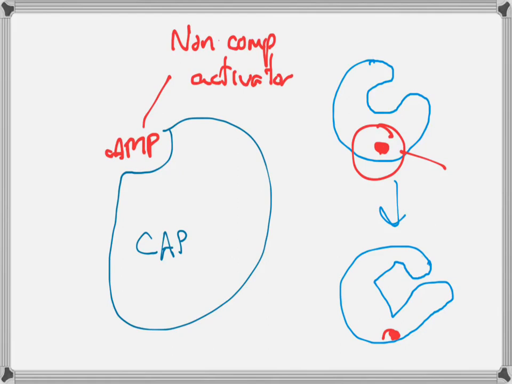So instead of it changing the shape to not fit, it changes the shape to fit? Exactly. So it changes the shape of CAP so that, I'll draw this a little bit differently.